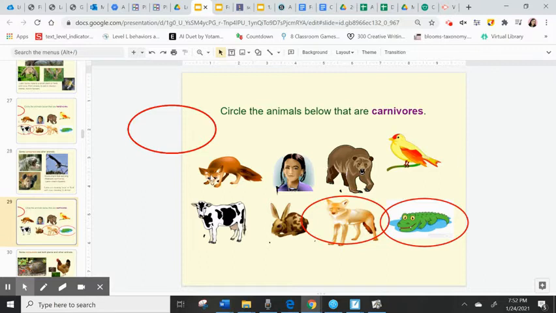Now you might say some of these other ones also eat meat, but they eat meat and something else. So they're not called carnivores, they're called something different. So the jackal, dog thing, coyote, and the alligator are carnivores. They eat only meat.